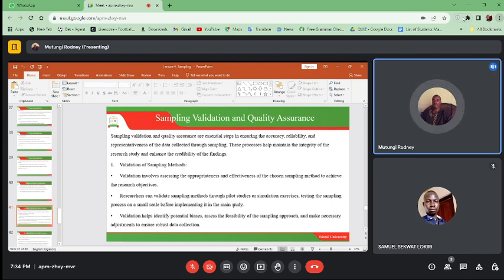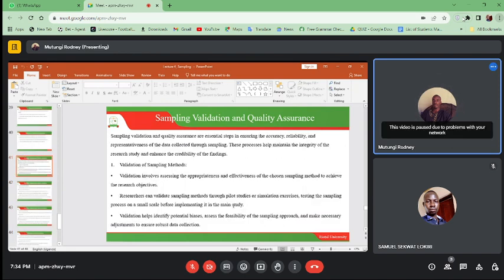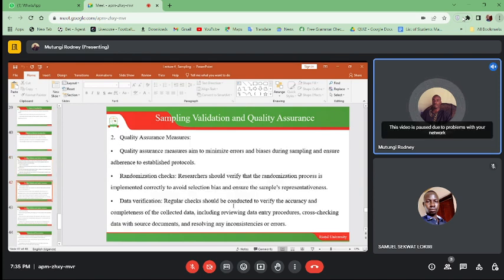So that you use that sampling approach that will help you to generate robust data collection. So you make those necessary adjustments so as to have a better data collection exercise. So that is all about validity. So you make sure that the methods that you are going to use really are going to enable you to achieve what you want to achieve.